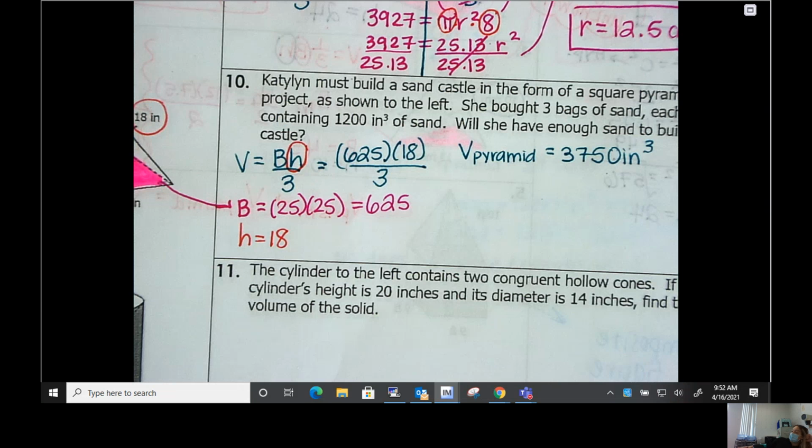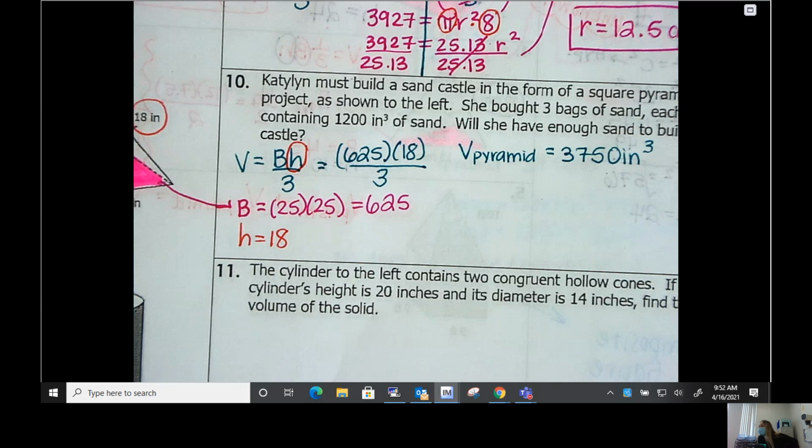So 1 bag of sand is 1,200 inches. She's got 3 bags of it, right? So that's 1,200 plus 1,200 plus 1,200. Or in other words, it's 3 bags, right? Times 1,200. So in total, how much sand does she have? 3,600 inches cubed of sand. That's how much she has.